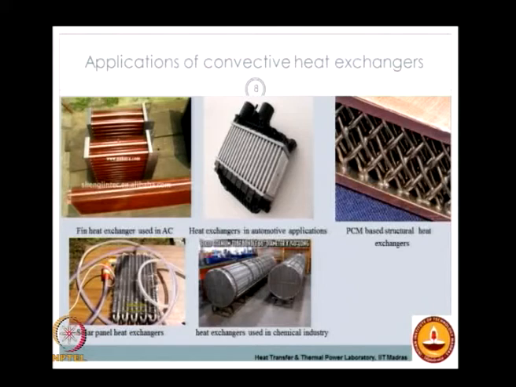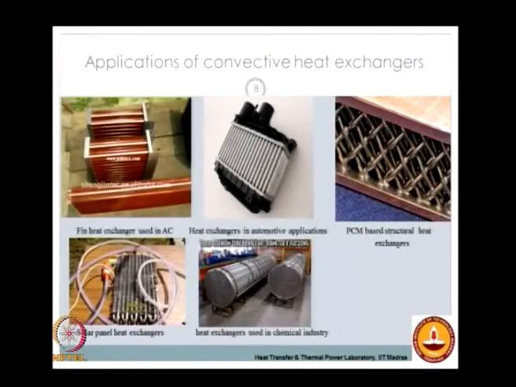So typically wherever you encounter heat exchangers where the heat is transferred between two moving fluids, there you are talking about convective heat transport. You could look at, for example, your air conditioners where fin type heat exchangers are being used, and there is a flow past these fins from outside where air cools down the working fluid passing through these tubes.